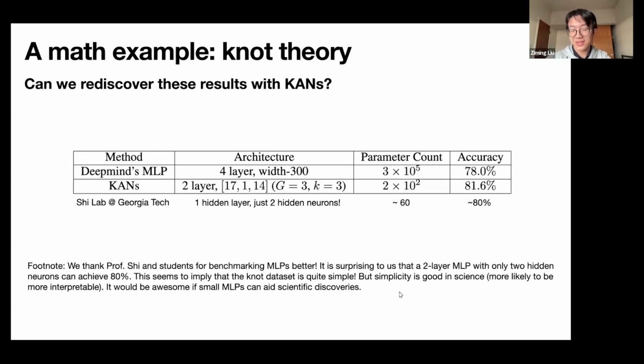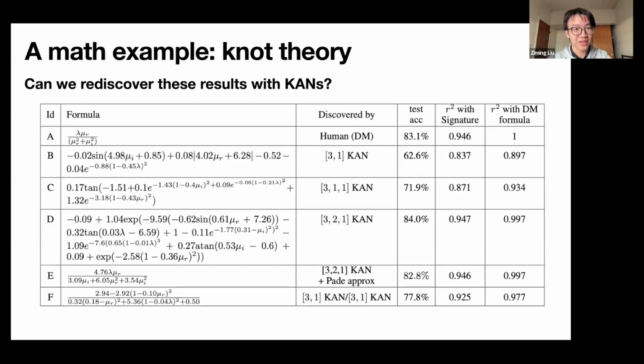But again, interpretability can be quite subjective. So at the end of the day, it's up to the human scientist to determine whether this is something meaningful or not. All right, so we can rediscover some formulas DeepMind posed, not exactly, but with a similar structure.